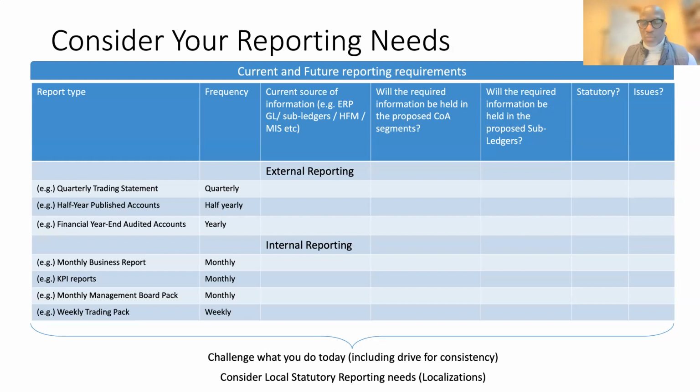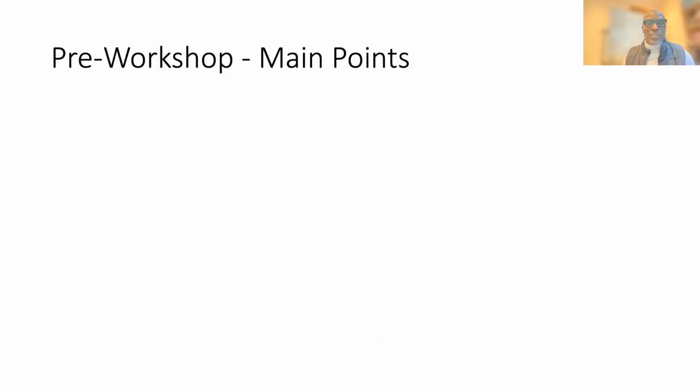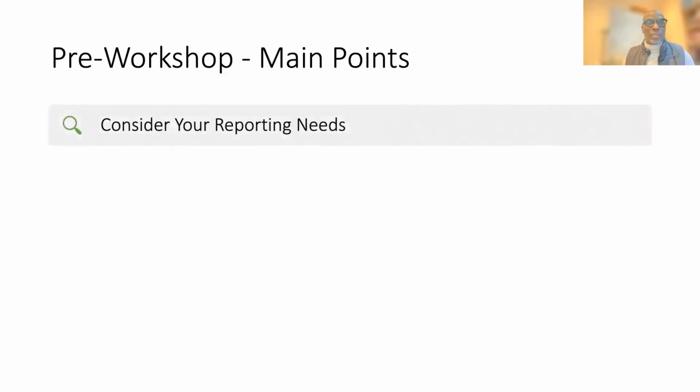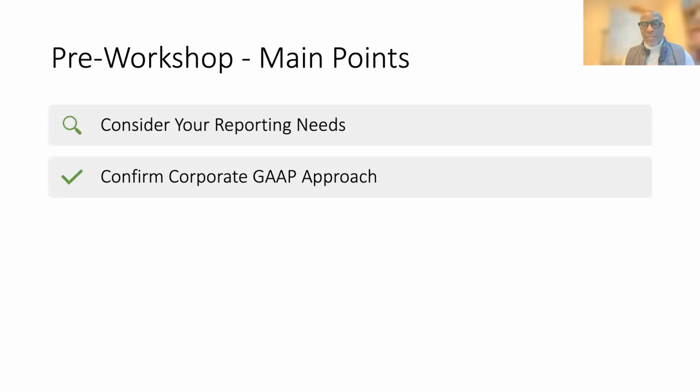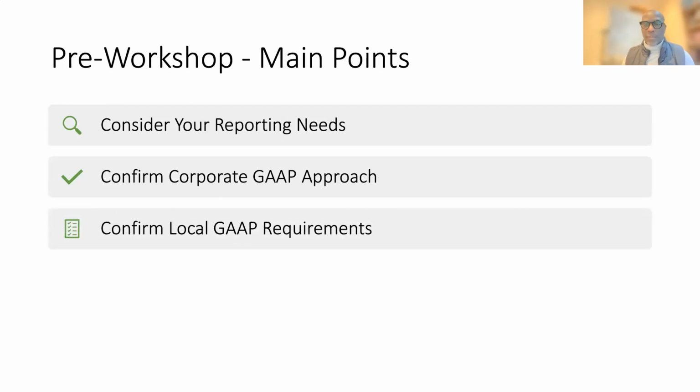So before you start this workshop with the business, always think about the reporting needs. As we just mentioned, you also need to confirm any GAAP, generally accepted accounting principles approach. Are there any IFRS standards that they need to comply with? Are there any local GAAPs that they need to confirm and adhere to?